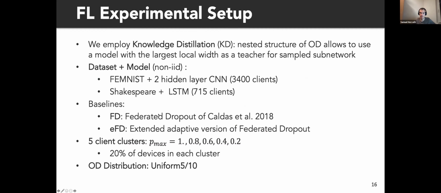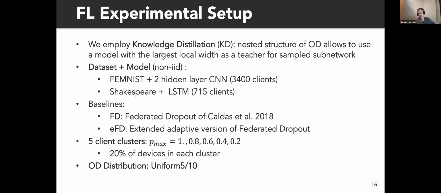Next, we introduce our setup for the federated learning experiments. Similarly to the centralized setup, we employ knowledge distillation, with the difference that the teacher network is the model with the largest local width. We consider the same tasks with non-IID client distribution. We consider two baselines that are able to accommodate all clients in the training process: federated dropout and extended federated dropout.